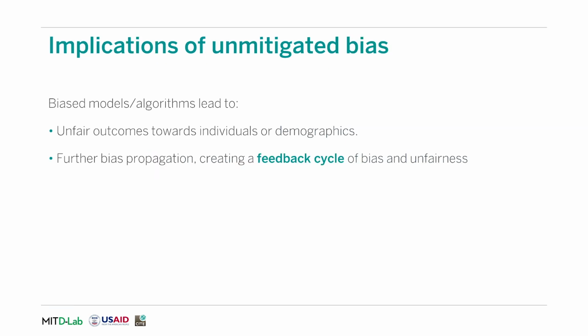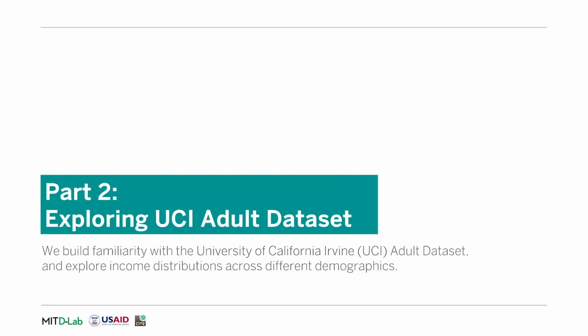Algorithmic bias is a problem for different reasons. It leads to unfair outcomes towards some individuals or demographics, and it leads to further bias propagation, creating a feedback cycle of bias.